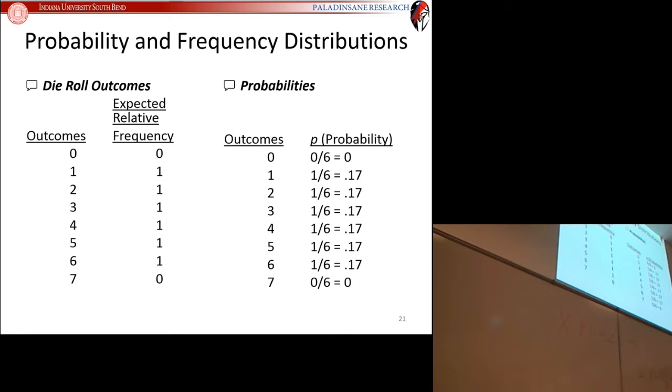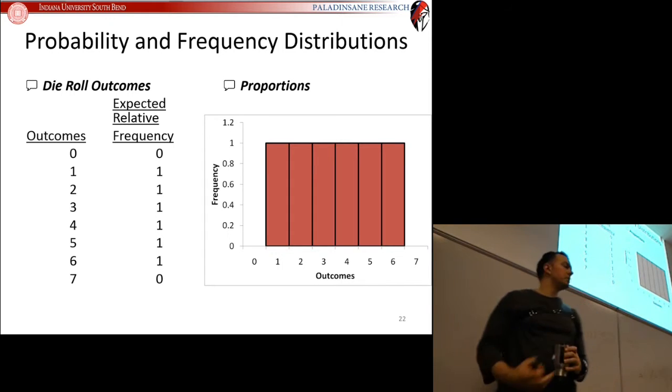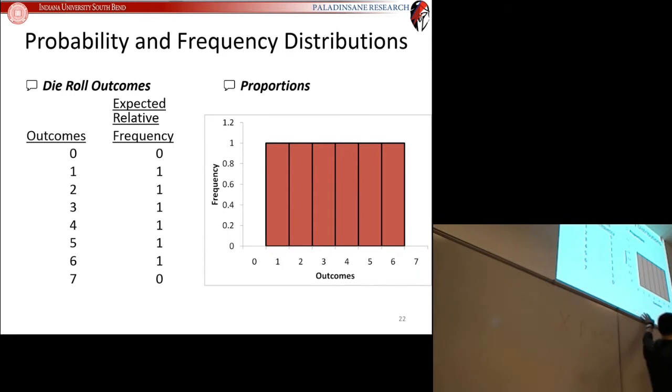That's the way that a mathematician would come at this particular analysis. What about a statistician? Well, a statistician will take these expected relative frequencies and put them into a frequency distribution. So here we have a frequency distribution where we have the possible outcomes and the frequency with which they're expected to occur. Notice that 0 has no bar, 0 is not expected to ever occur.